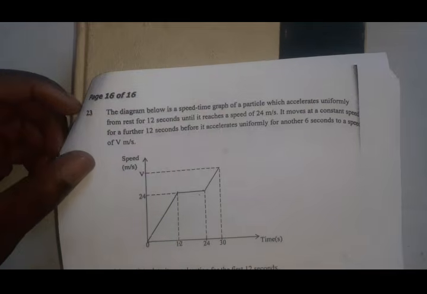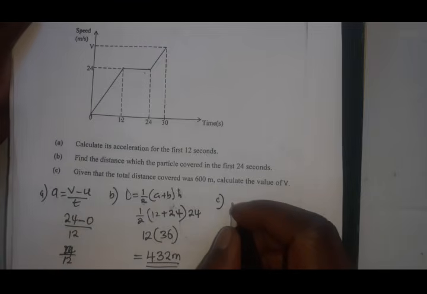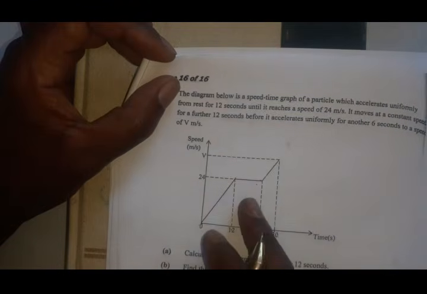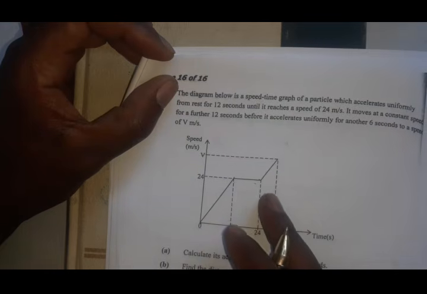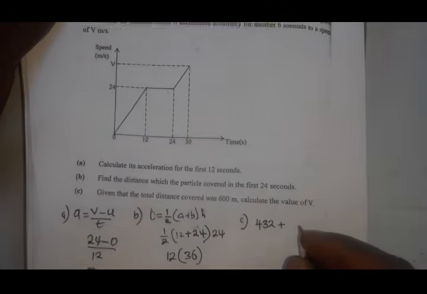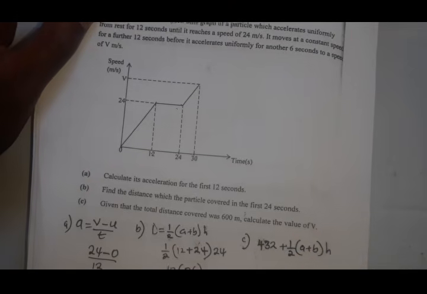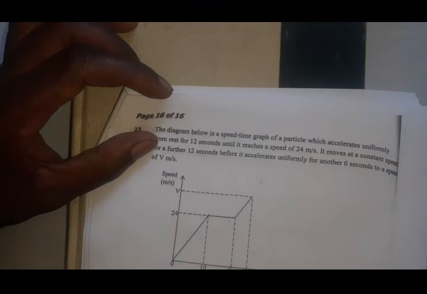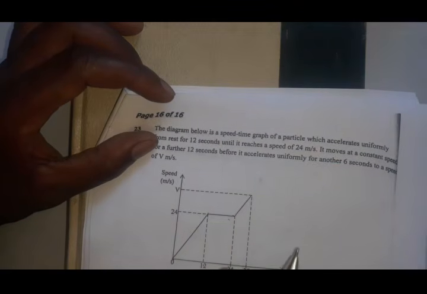So we need to find the distance of this other trapezium, but this one we already found. So we have 432 plus another trapezium, which is 1 over 2 multiplied by (a plus b) over h. Our a and b here are these two parallel sides.